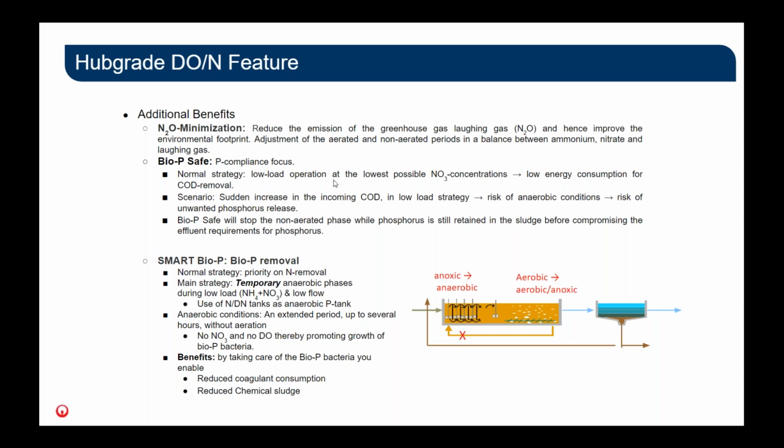If you're familiar with biological phosphorus removal, as I'm sure a lot of you are, you're very well aware of that type of reactor condition leading to a release of phosphorus. So there's a feature where we will ensure by monitoring phosphate that doesn't happen. And so that adds another layer to ensure compliance with any phosphorus limits. And then I also talked a little bit already about the BioP removal feature.